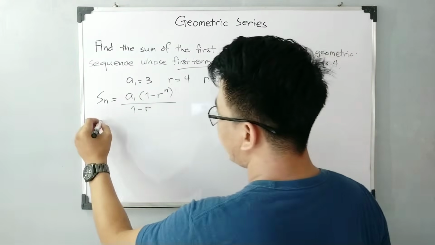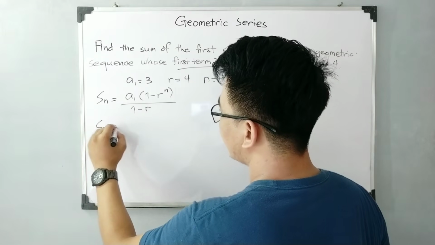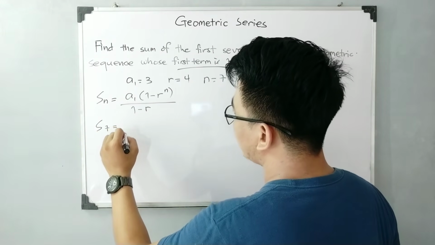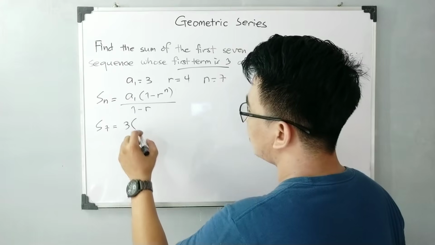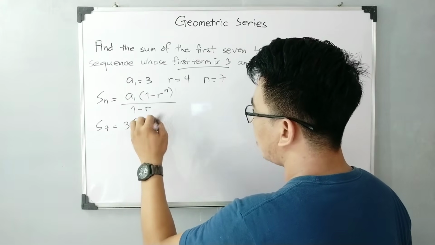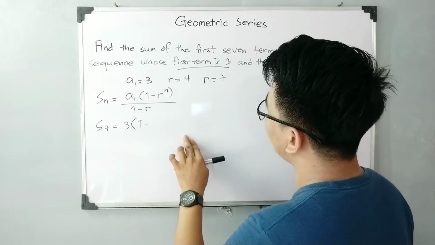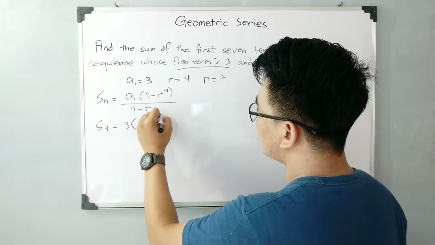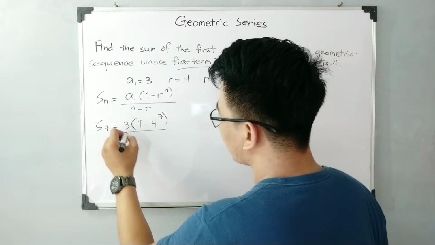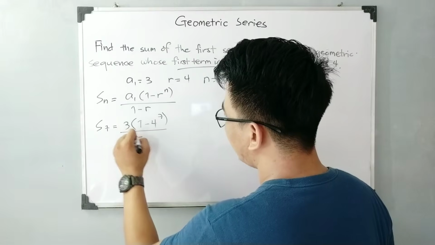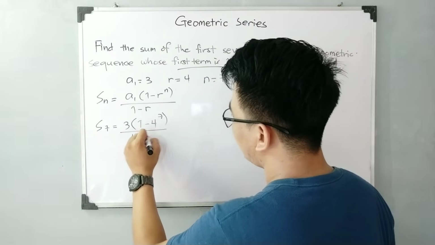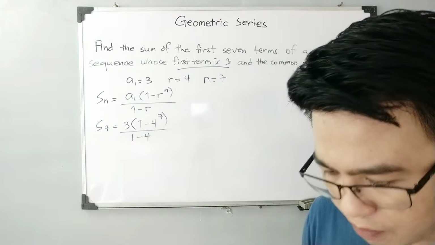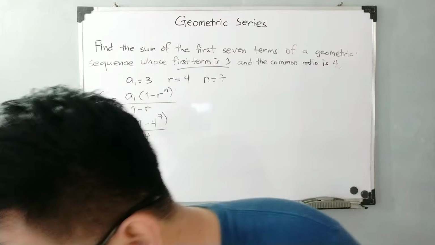S sub 7 is equal to your a sub 1, which is 3, times 1 minus your common ratio, 4, raised to 7 over 1 minus 4. So, it's quite big, guys. Medyo malaki yung ating value ngayon.